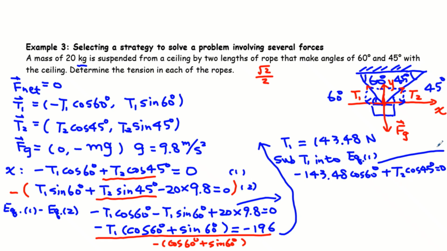Then we want to solve for T2. We move this to the other side, then bring the cosine 45 to the other side.